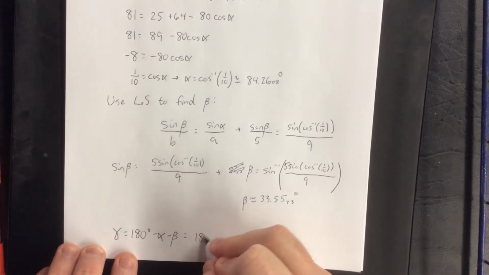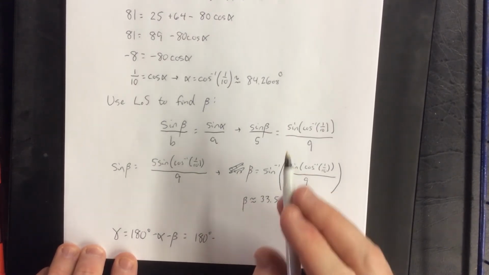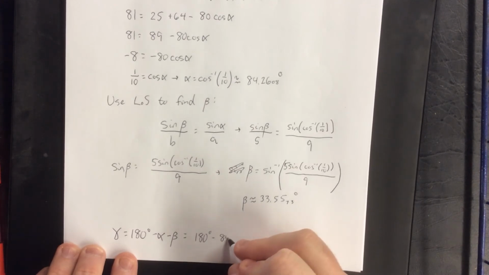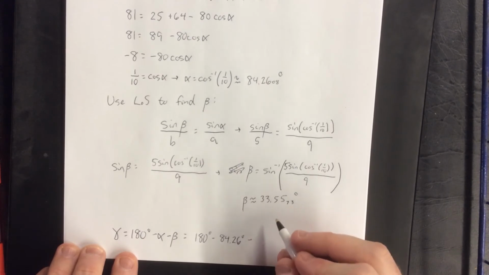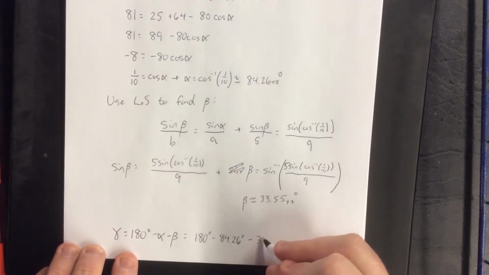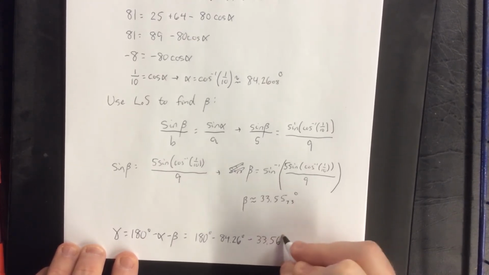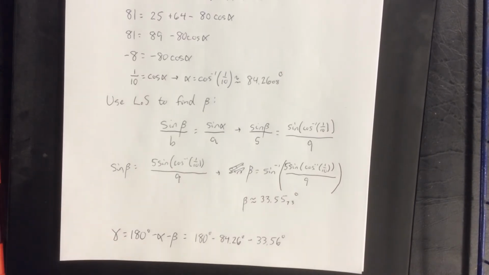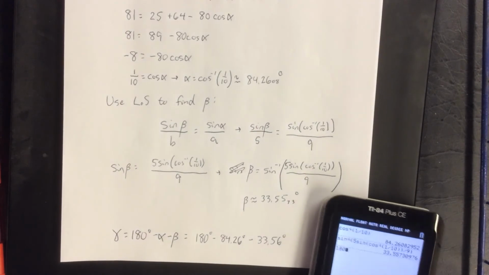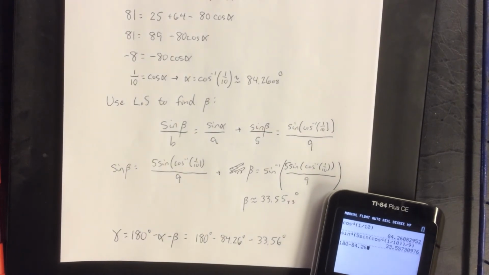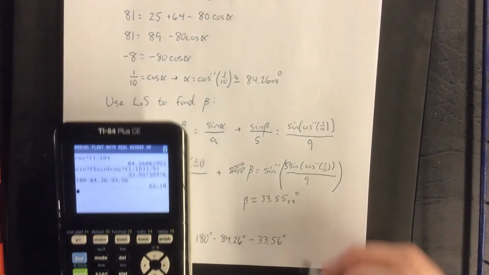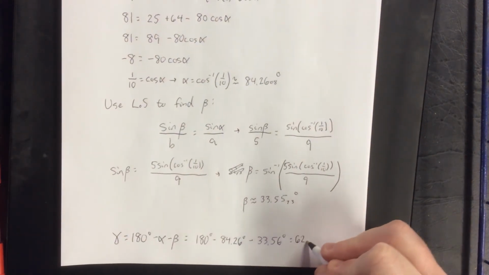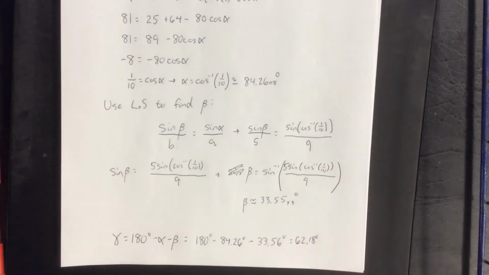So that'll be 180 degrees minus alpha, which was 84.26 degrees, minus beta, which is 33 point, if we round appropriately, that'll be 33.56 degrees. Plugging that all into the calculator, 180 minus 84.26 minus 33.56 gives us 62.18 degrees.